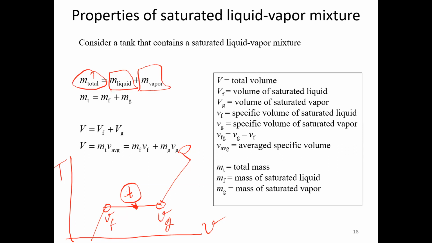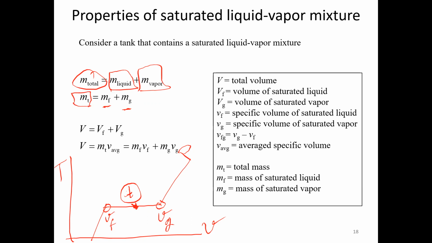So it's two-phase region. So it should contain both masses, the mass of liquid and mass of vapor. They give the symbol for liquid MF in tables, and for gas or vapor, they give it G. So M total is equal to MF plus MG.